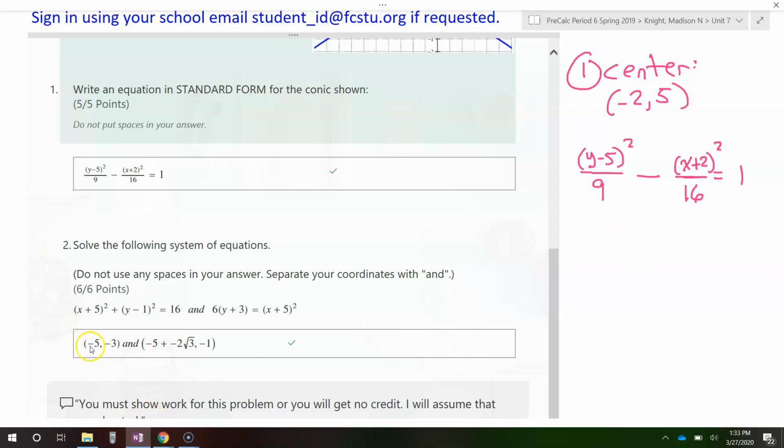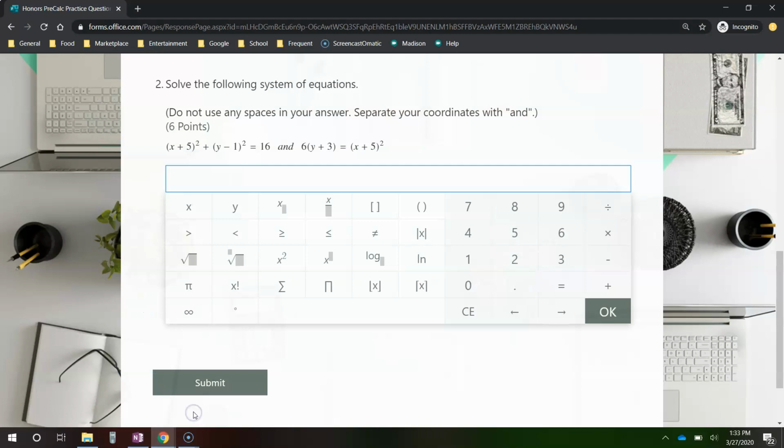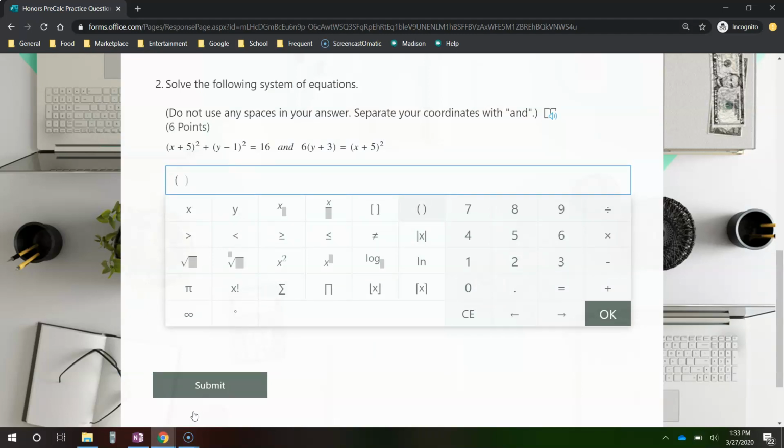So it's going to be some points. -5, -3 is one of the answers. So I'm going to use my parentheses and do -5, comma, where is the comma? Wow, I'm not seeing the comma, so I might have to use my computer keyboard for this.